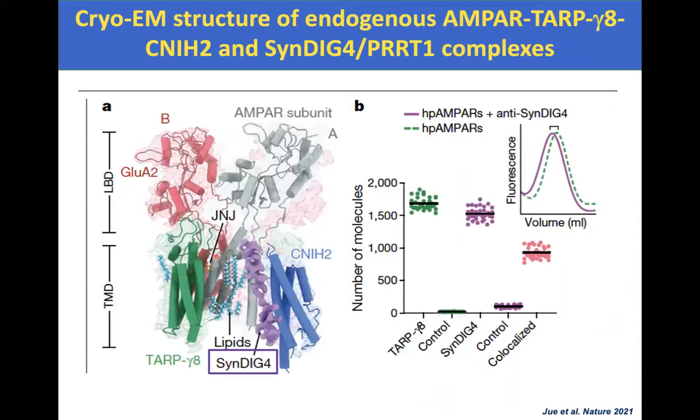To demonstrate a little bit more, you can somewhat see this is the transmembrane domain. Two of the subunits are shown here for the AMPA receptor, and there's this very tight association in the transmembrane domain of SynDIG4, another auxiliary factor, and the stargazin or TARP.